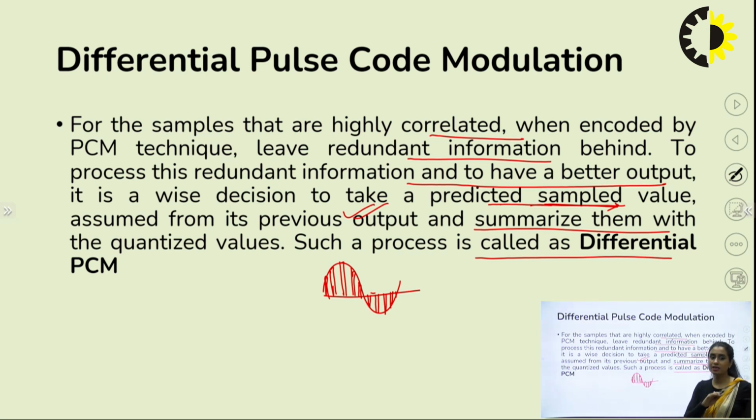Such a process is called differential pulse code modulation. Then I don't need such highly correlated samples, as I'm using a prediction circuit to predict them. So I am reducing the redundancy here.